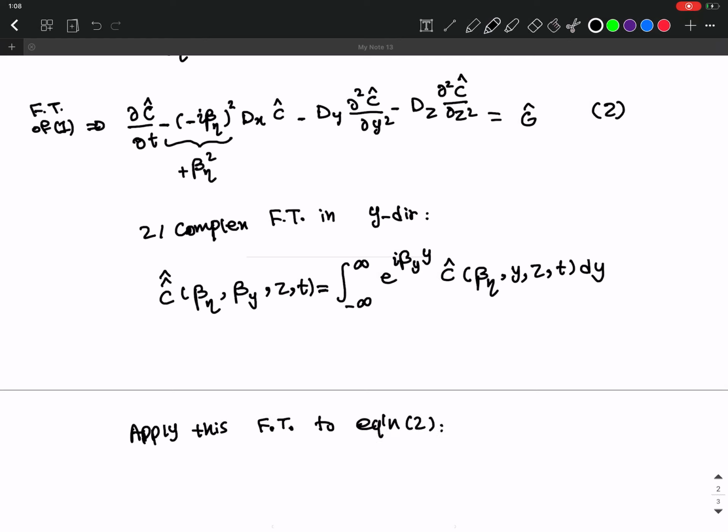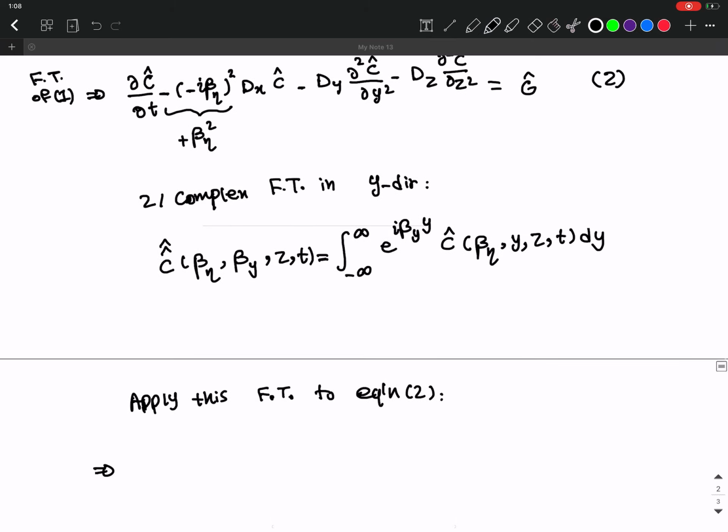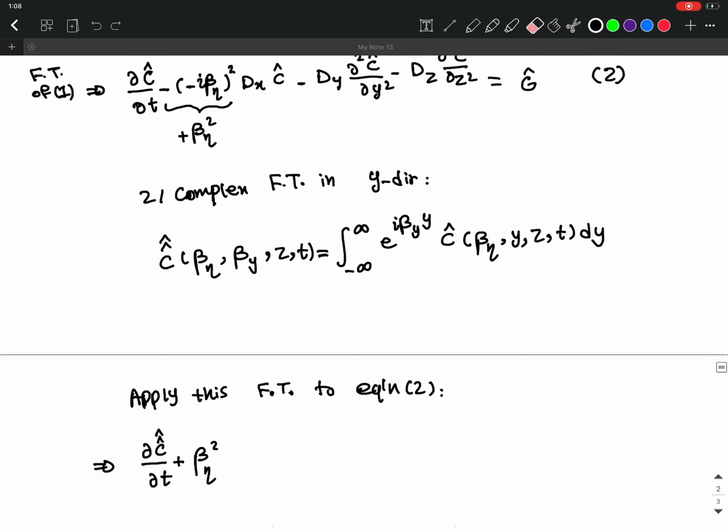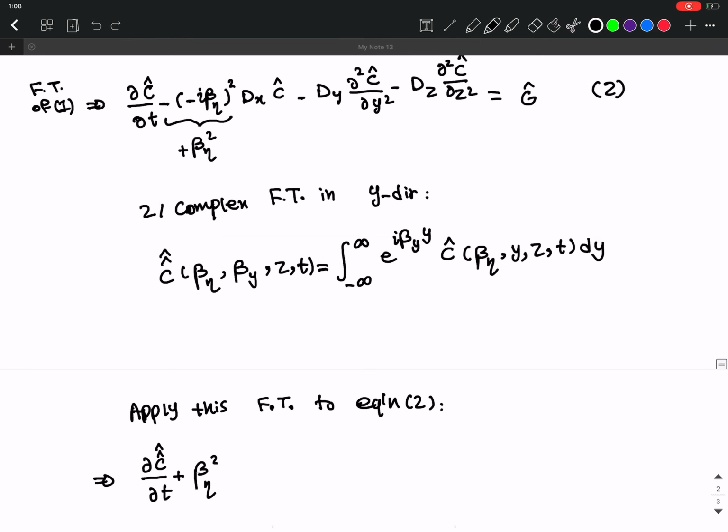If we apply that, we are going to get partial c double hat over partial t plus beta eta square. It's a constant, so it's going to come out. Beta eta square dx c double hat.